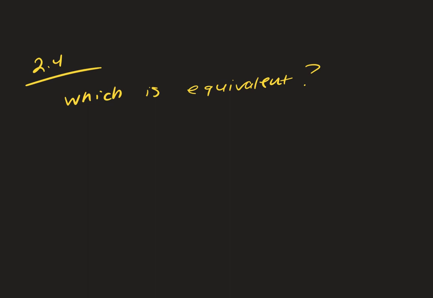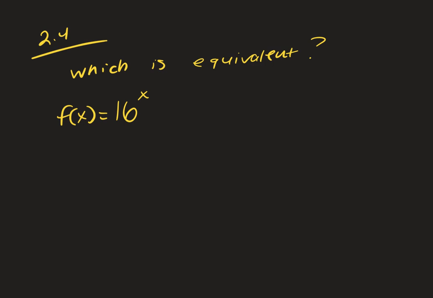Whatever it is, it will literally say, I don't know, like 16 to the x would also equal what? And so this could be 4 squared to the x, which would be 4 to the 2x, which causes a horizontal dilation, right? This would be a horizontal compression by a factor of a half.